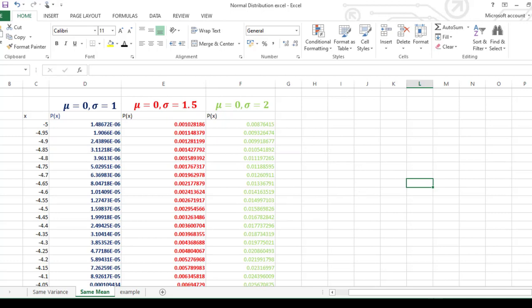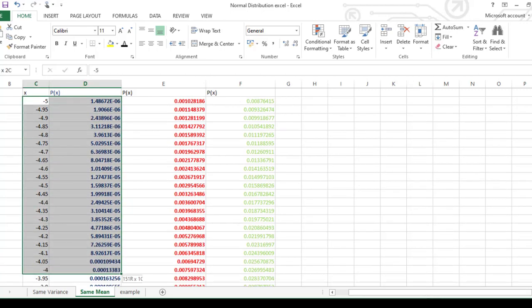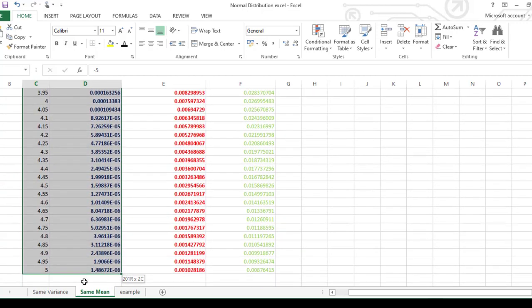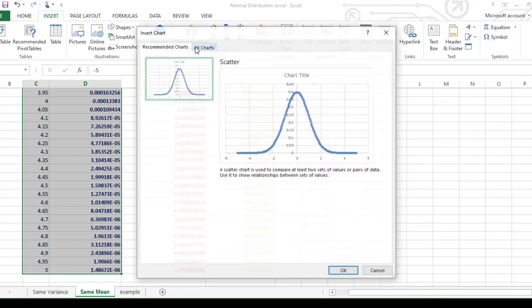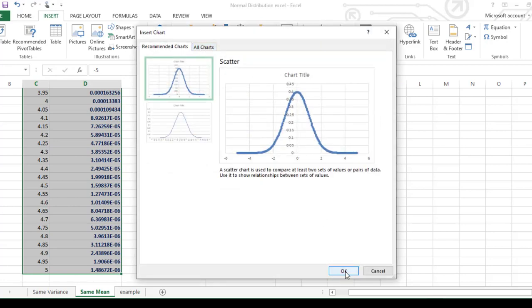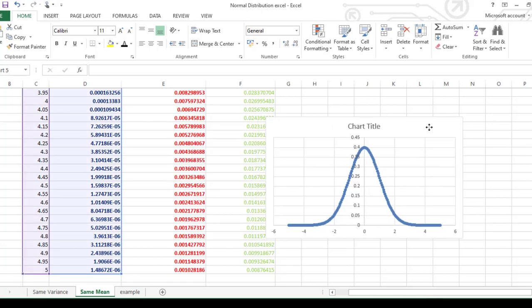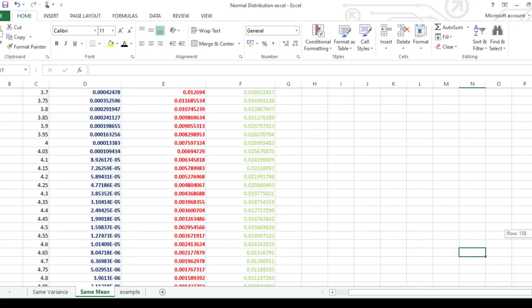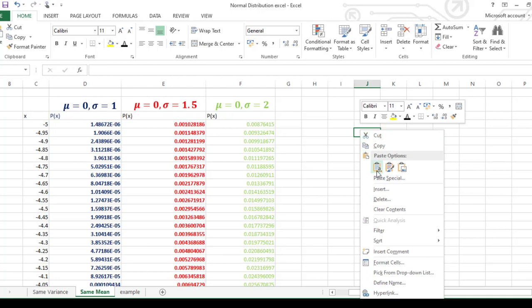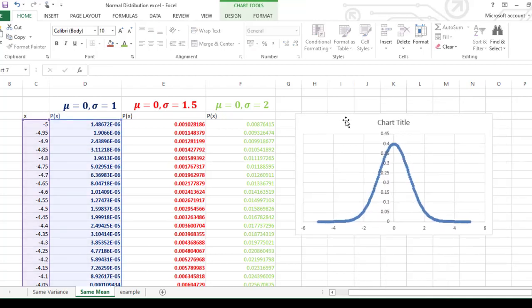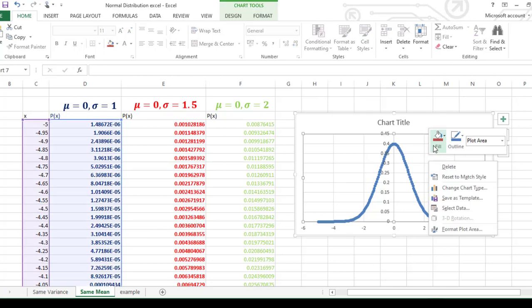Okay, so now let us draw the graph for these three cases. First I am plotting the first curve. Now I am adding the second curve to the graph.